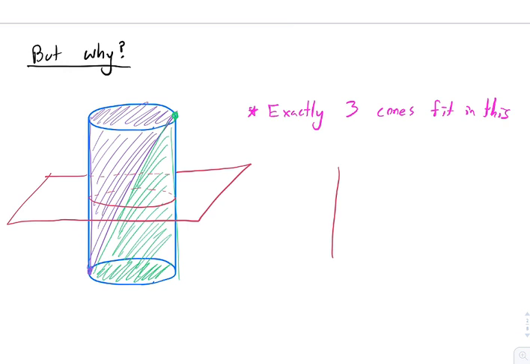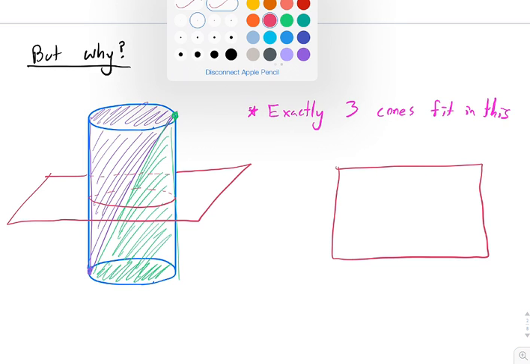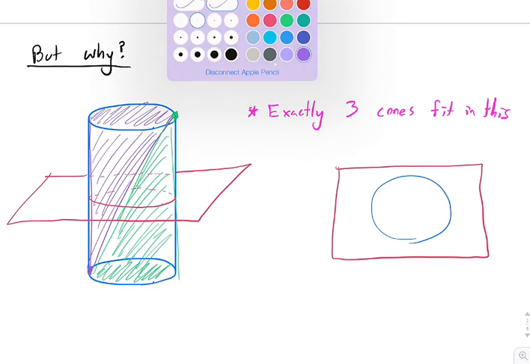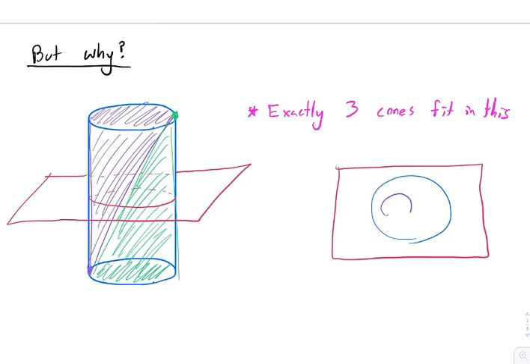If I flatten it out and look at what that cross section looks like, I get a blue circle with a purple piece, a circle, because this cone is a circle where it's intersecting the plane, and that's got its own area there. And then we've got this green one that's also a circle, right? This is just a circle right here.